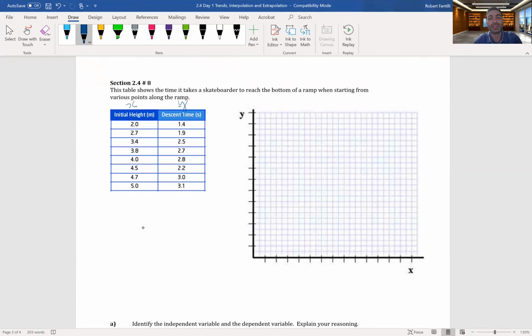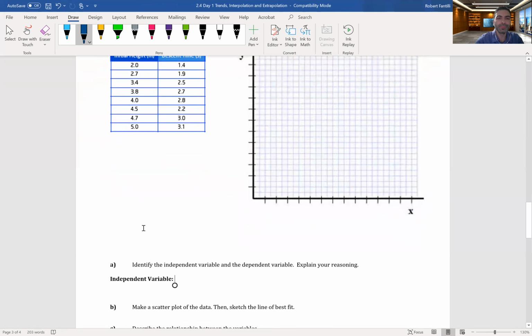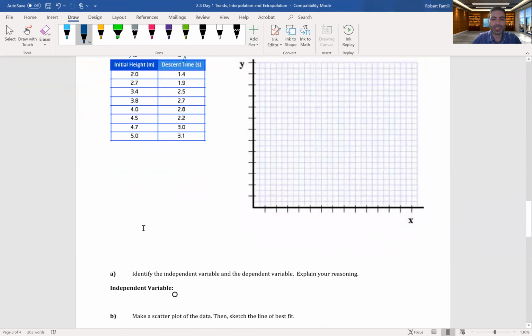That makes common sense, right? The higher you go, the longer it's going to take you to descend. Okay, so the independent variable is the initial height in meters, and the dependent variable is the descent time, seconds.